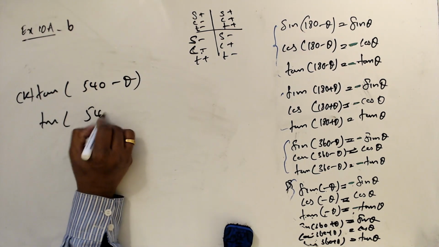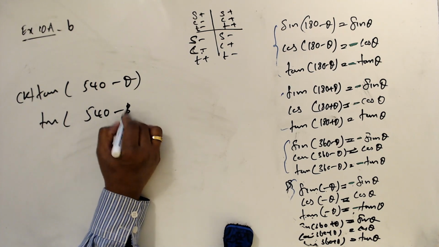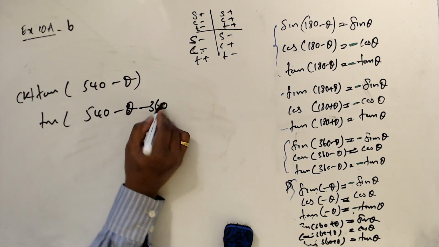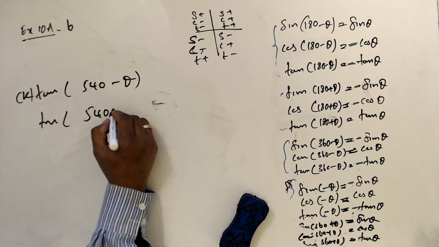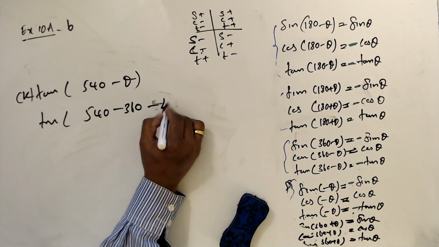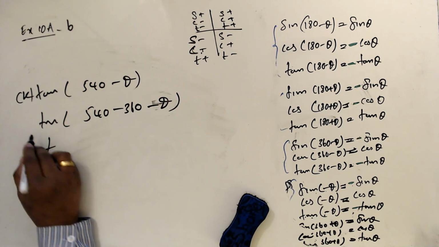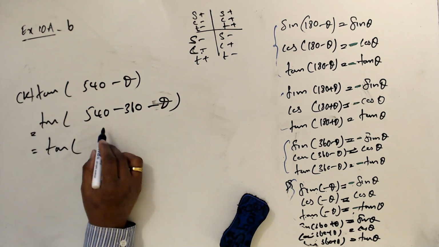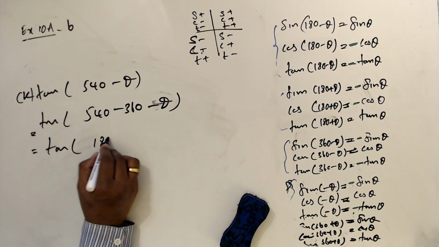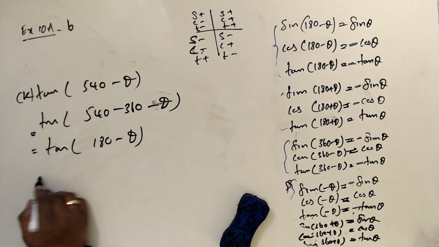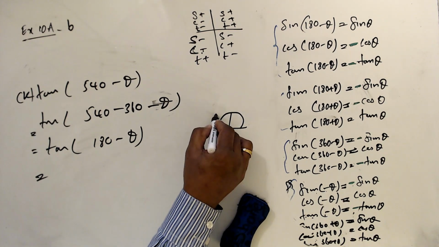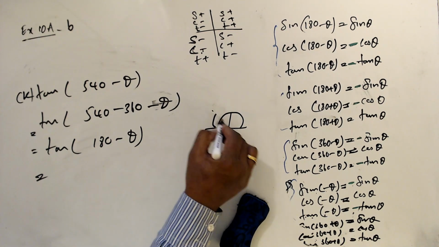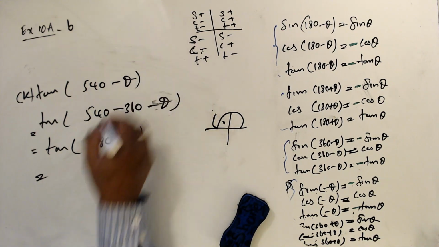Okay, tan 540 minus theta. Tan 540, this is too big. Take 360 out. We'll write like this. 360 out, so tan 540 minus 360, 180 minus theta. 180 minus theta is in which quadrant? 180 minus theta, go back. Second quadrant, tan is negative.